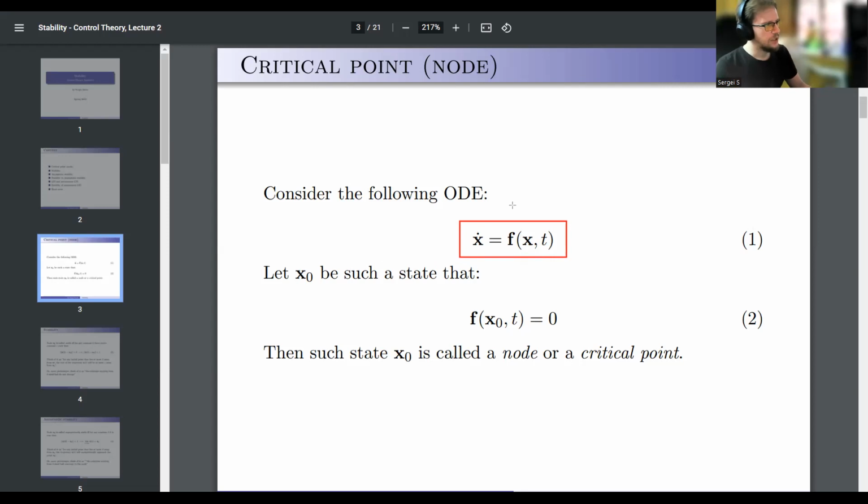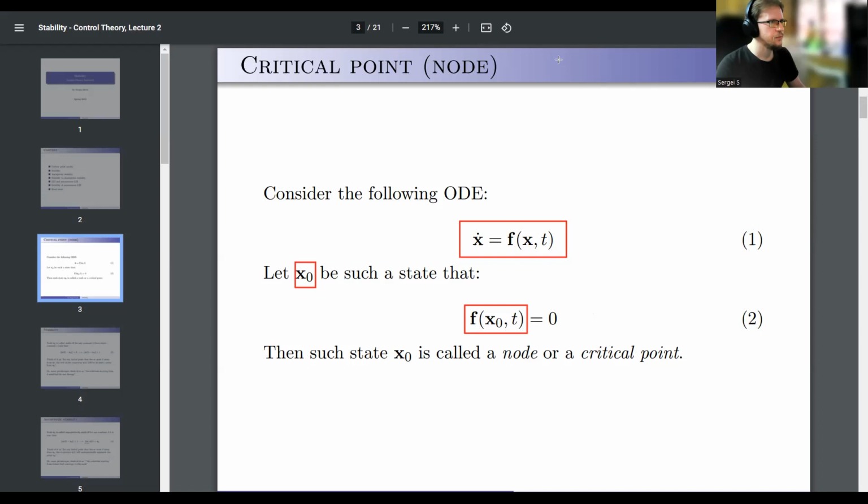So the derivative of x depends on the state and depends on time. Now let's say that x0 is such a state that f of x0 and t is uniformly equal to 0.